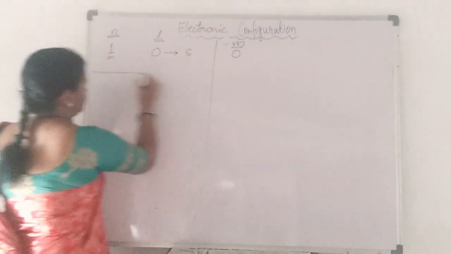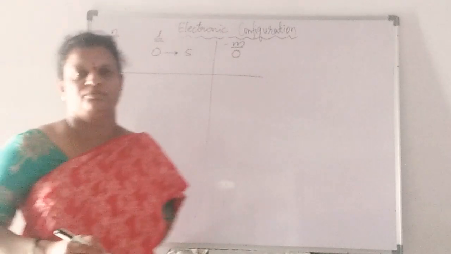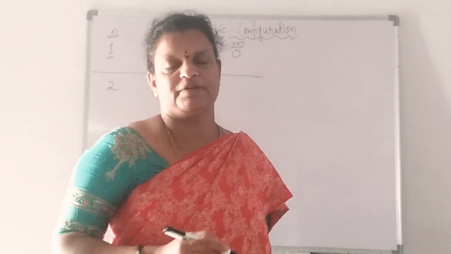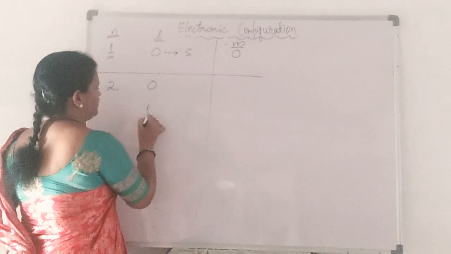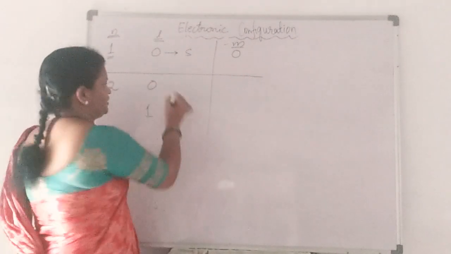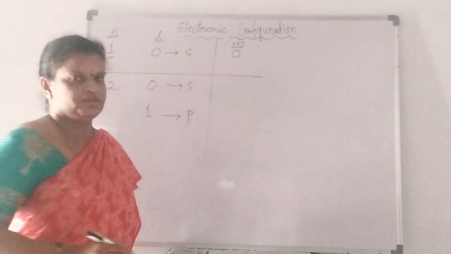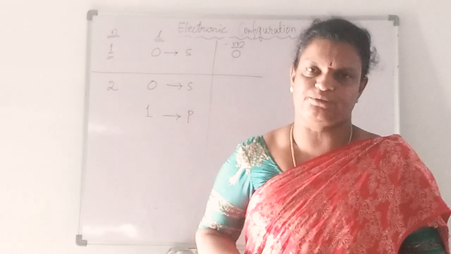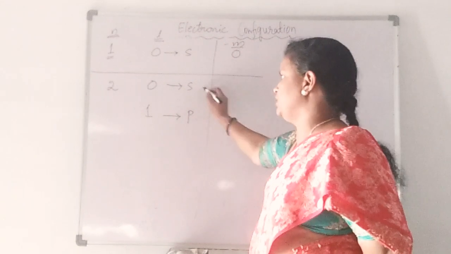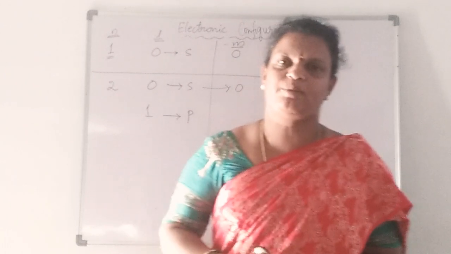Coming to the second shell. Second shell means n value is 2. So the l values here are 0 and also 1. 0 is the S subshell and 1 is the P subshell. In the S subshell we have only one magnetic quantum number, that is 0, so only one orbital is there.